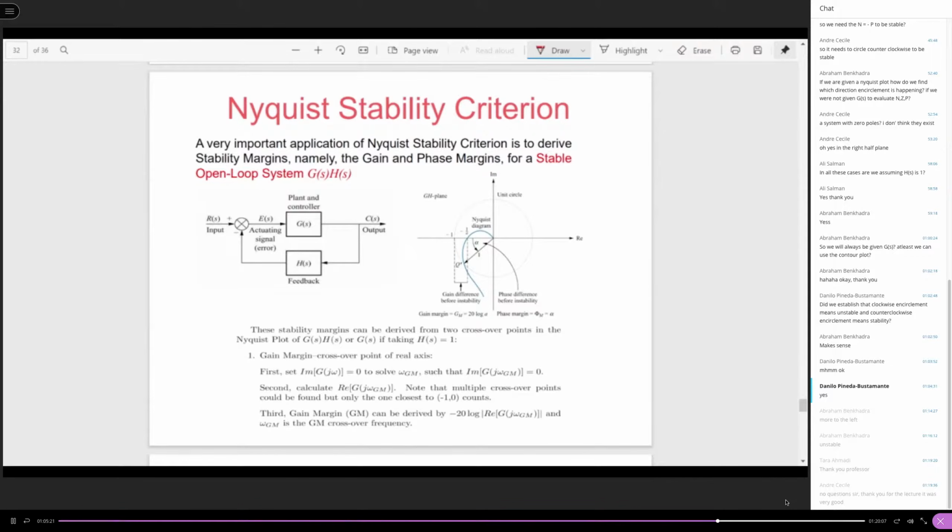And that is a very nice application. The margin means how far your system is from instability. Not only do you know the system could be stable, but you also know how far it is from the unstable boundary. That would be nice because it gives you a margin to play with.